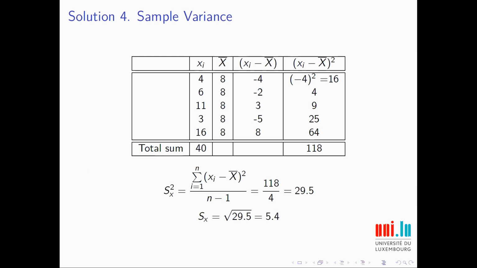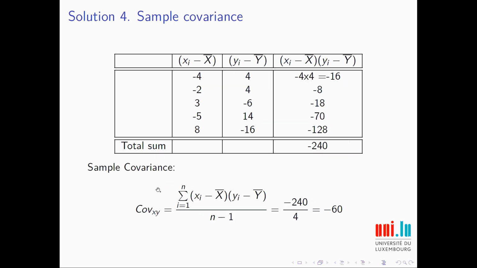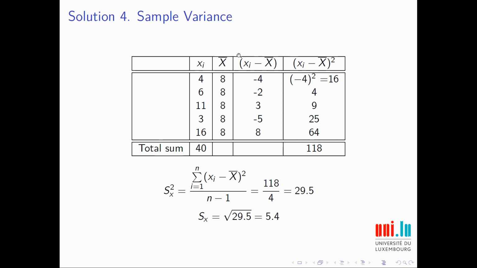So this is how we calculated covariance. Since we already found the deviations from the mean for each variable, we can easily find the quadratic deviations from the mean, and the sum of these quadratic deviations divided by n minus 1, where n is the total number of elements in our data set.